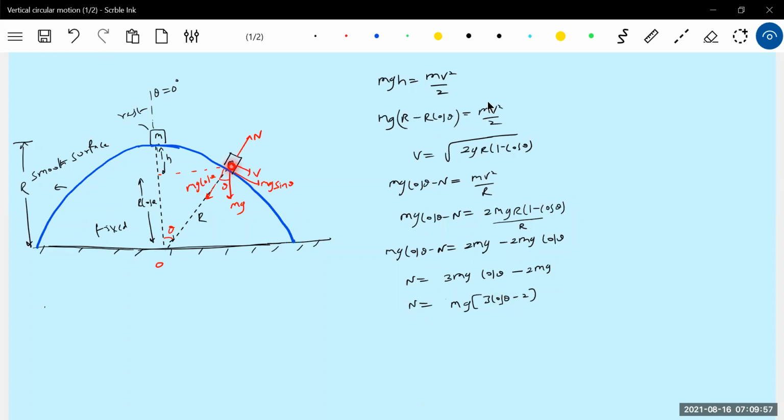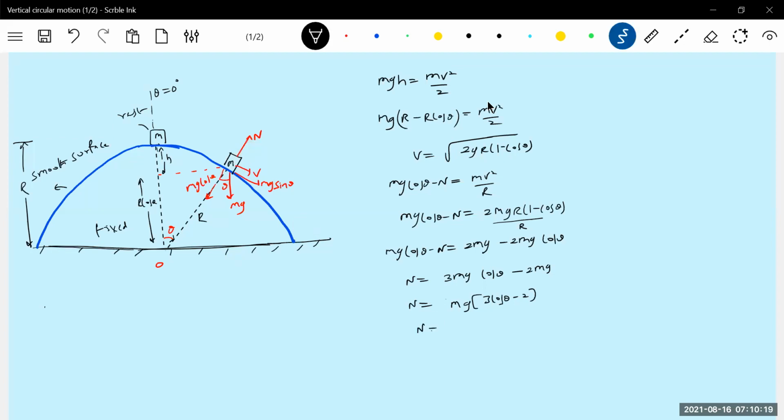What do you mean by losing contact? If N is less than or equal to 0, it will lose contact. N greater than 0 means it is in contact here. Now check from the mathematics here, at one specific angle theta the normal contact will become 0, meaning it is going to lose contact.